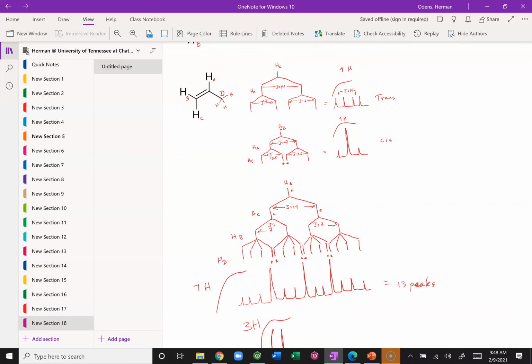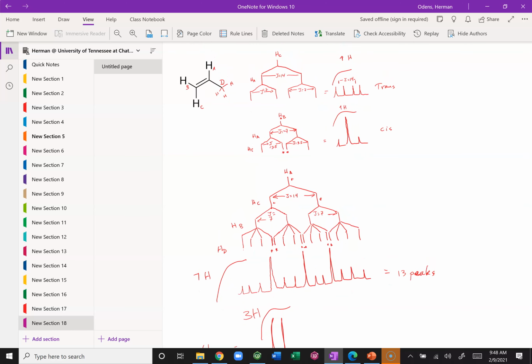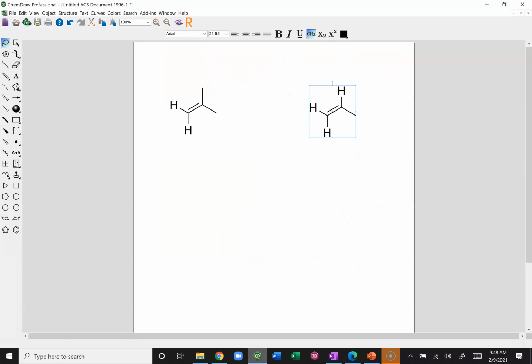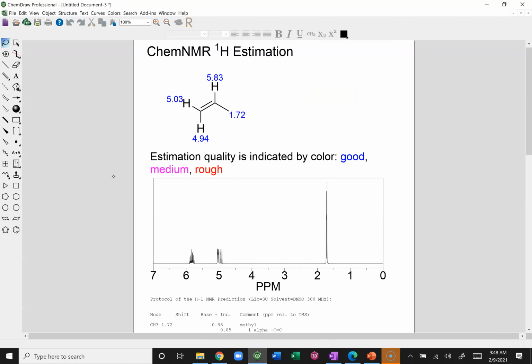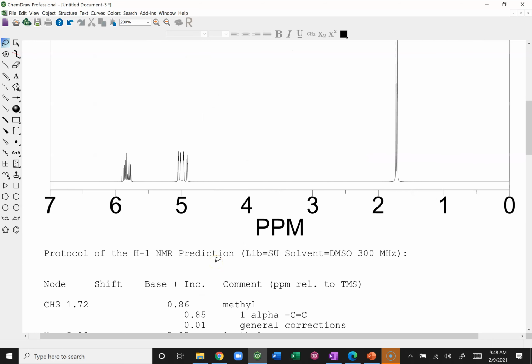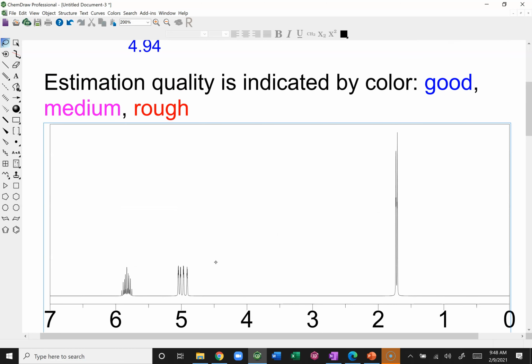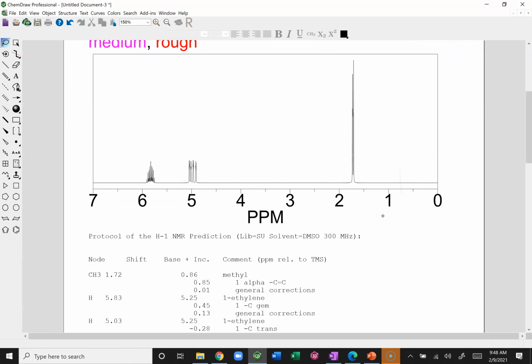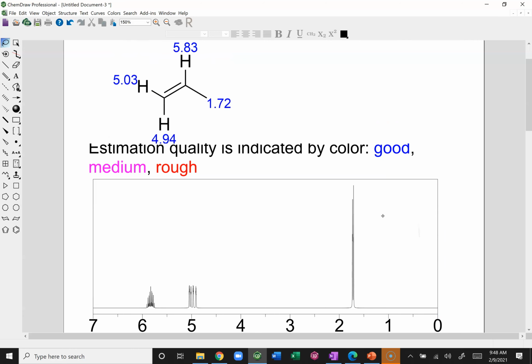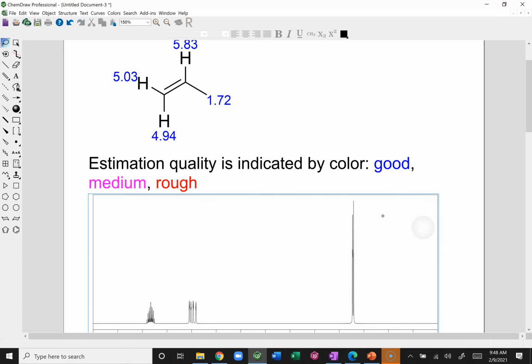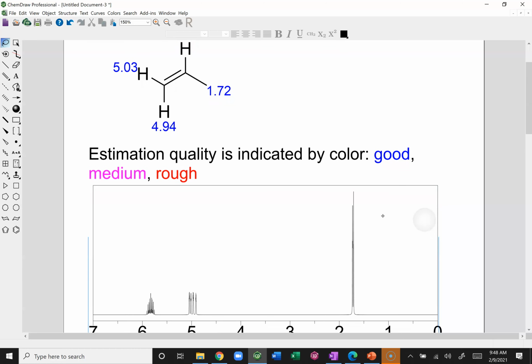All right, let's take a look at the actual NMR, or the predicted NMR. So if I go structure, protons, there you have it. Here's your doublet for D, around 1.72.